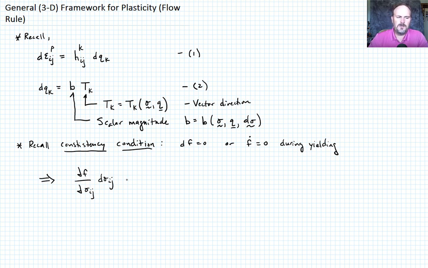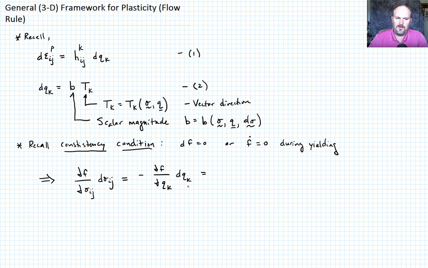But the consistency condition ensured that during yielding, the partial of f with respect to sigma ij times d sigma ij was equal to negative the partial of f with respect to the internal state parameter times the increment in the internal state parameter.